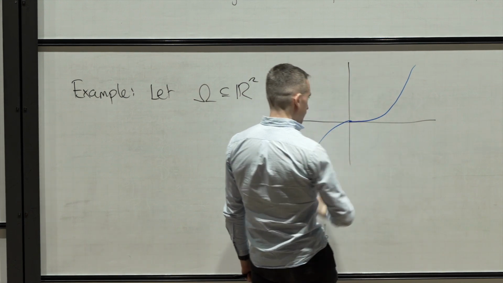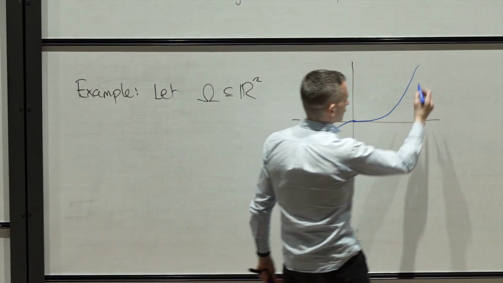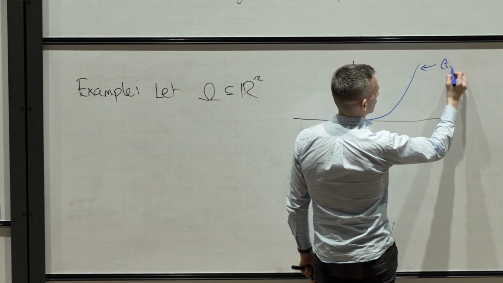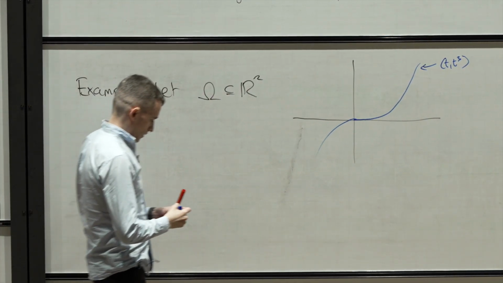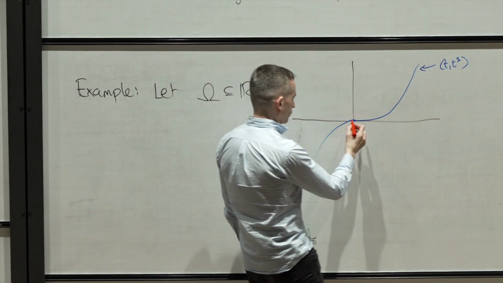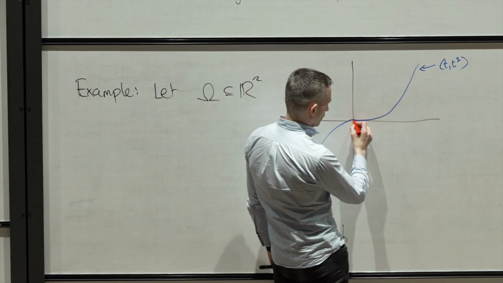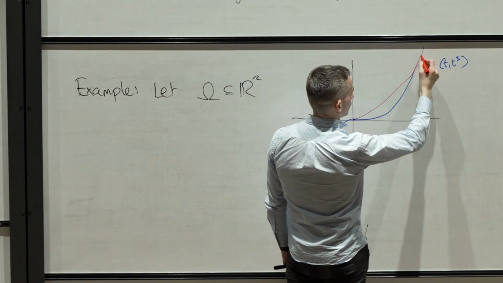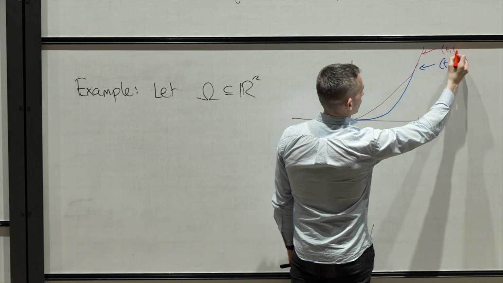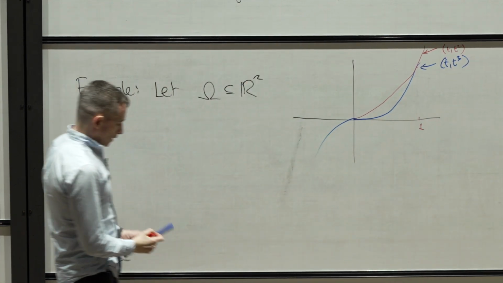So you're supposed to believe that this is y equals x cubed, and then I want to have here, that's supposed to be 1, y equals x squared.